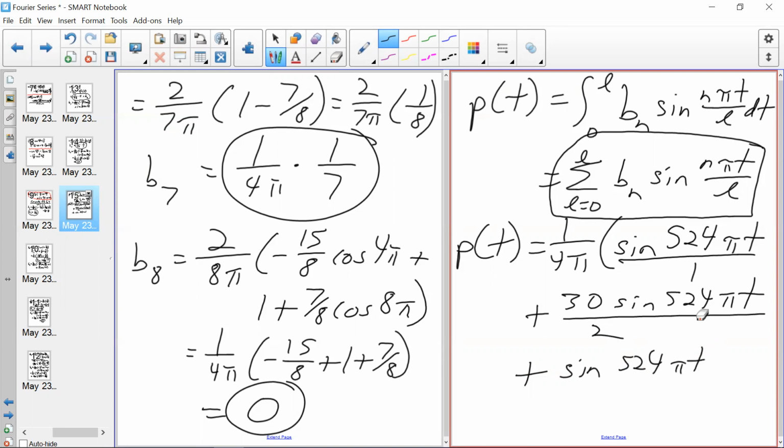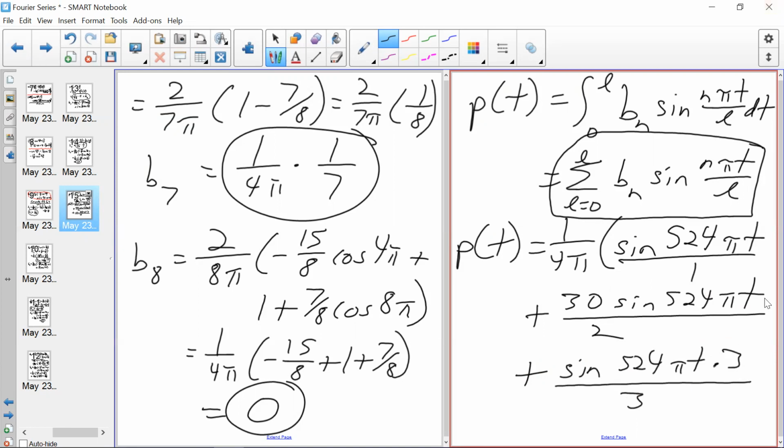Oh, and let me not... Wow, I'll finish writing this out and come back. So sine 524 pi t times 3, because 3 is the third term in this series. So sine 524 pi t times 3 divided by 3.